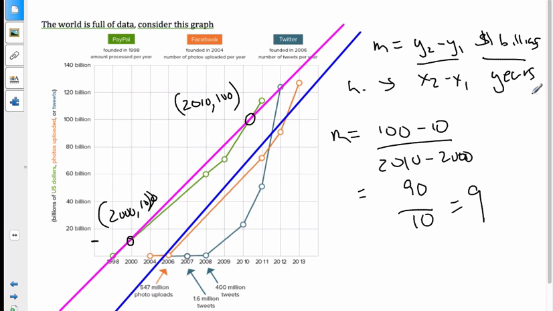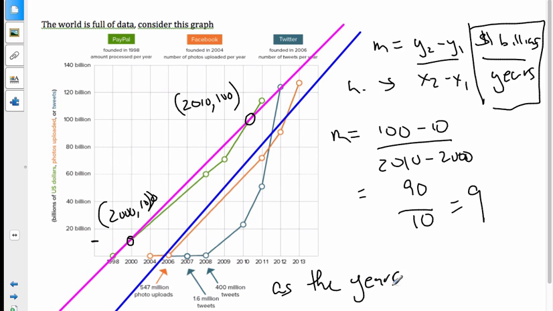Okay, and so if we're going to interpret this in context, we're going to use the independent variable first. I'm going to say, as the year, that's the independent variable, and I'll underline that with blue, increases.